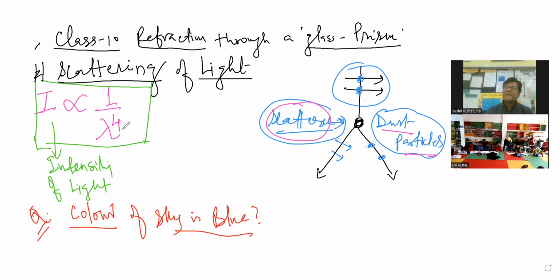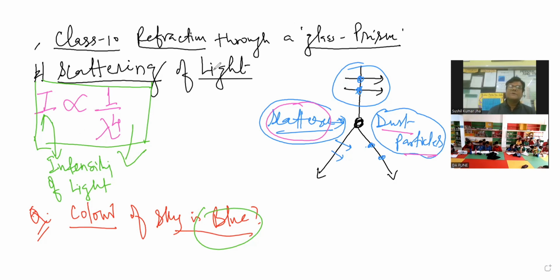Now the blue color is an intermediate color, with comparatively lesser wavelength, so mathematically, if this value is less, being in the denominator, the intensity will be higher.